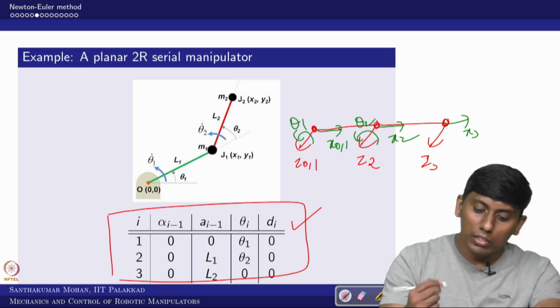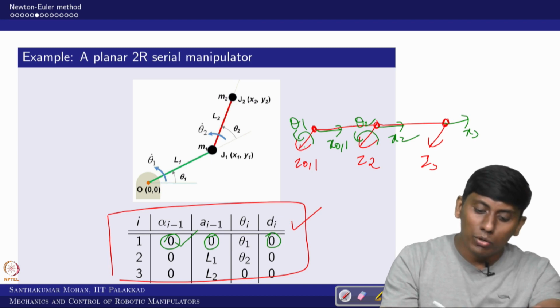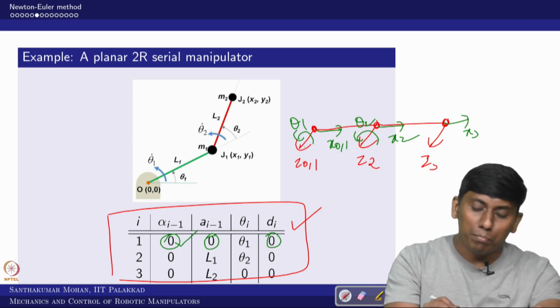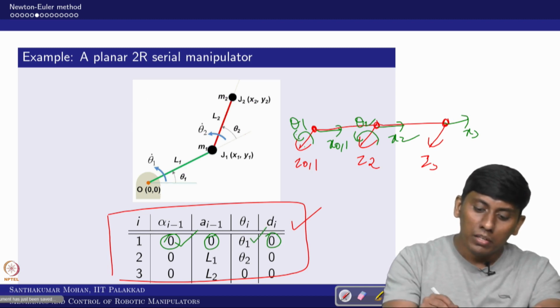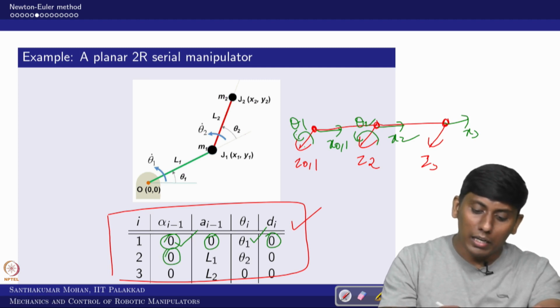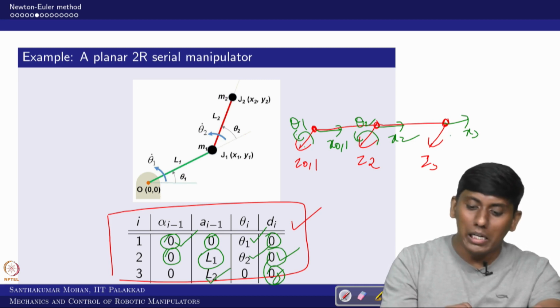Right now we assume theta 1 and theta 2 are 0, but they are active joints. So you can see 0 and 1 are the same point, in the sense both distances are 0 and both are parallel, the angle is 0. But x0 and x1 are parallel, and there is an active joint, that's why theta 1 is coming, in the sense 0 plus theta 1. Second, similarly there is no angle between z1 and z2, but there is a distance along x1, that is L1, and that is the active joint theta 2, and there is no distance along the z axis. So these are 0. Now you can see this is a passive joint, so only L2 comes.